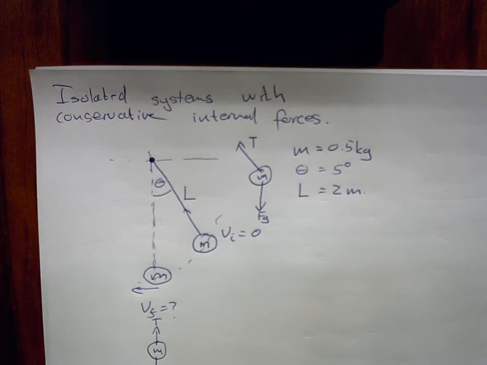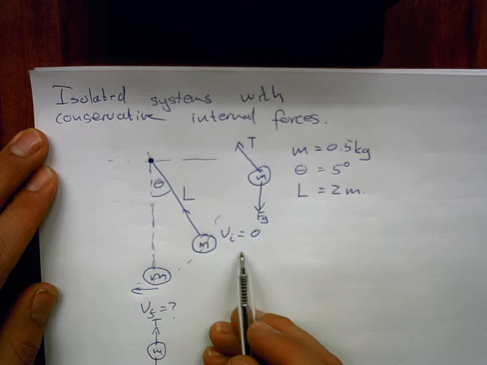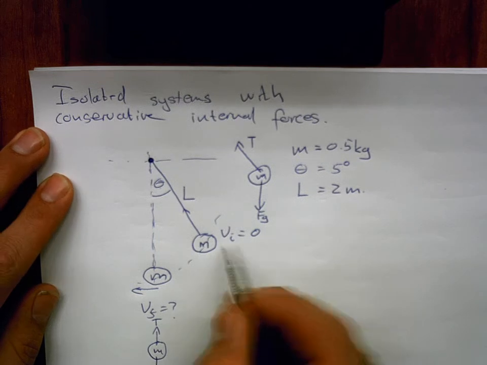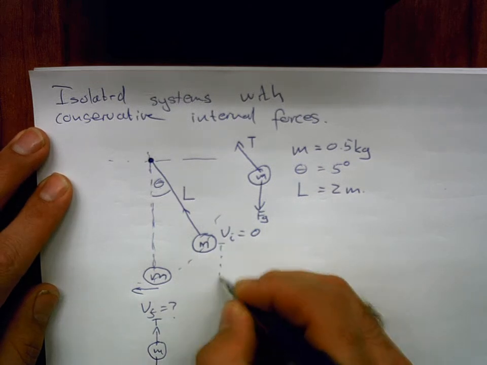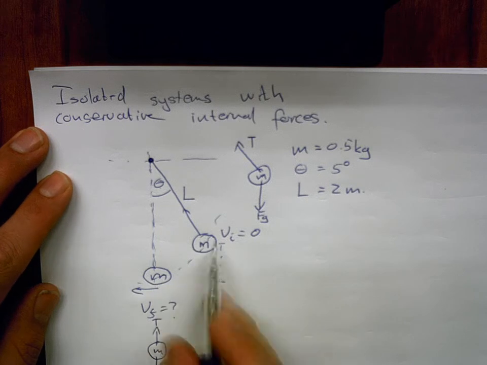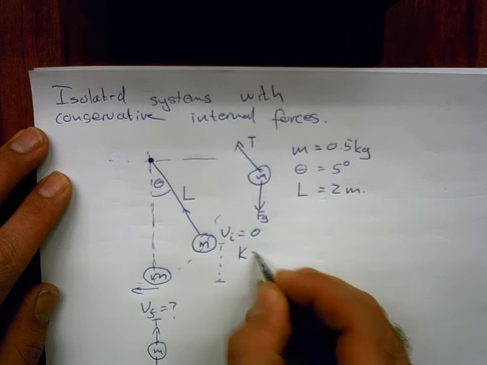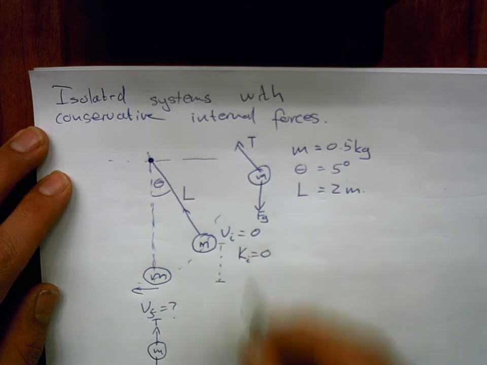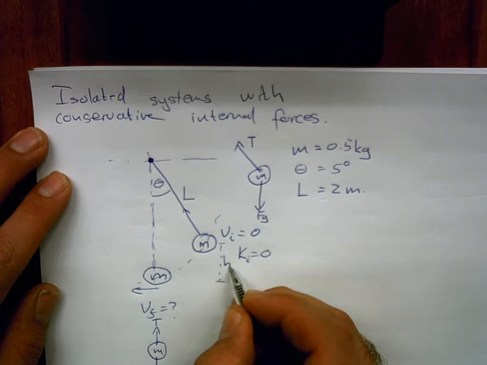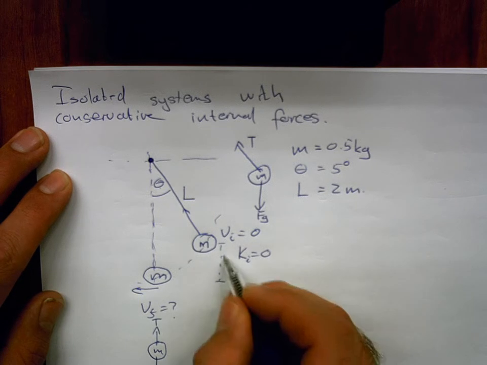Now, if we analyze this problem, initially we know that the mass has got 0 velocity over there, but it's a certain distance away from its lowest position, so it will have kinetic energy equal to 0. Let's do it more generally.